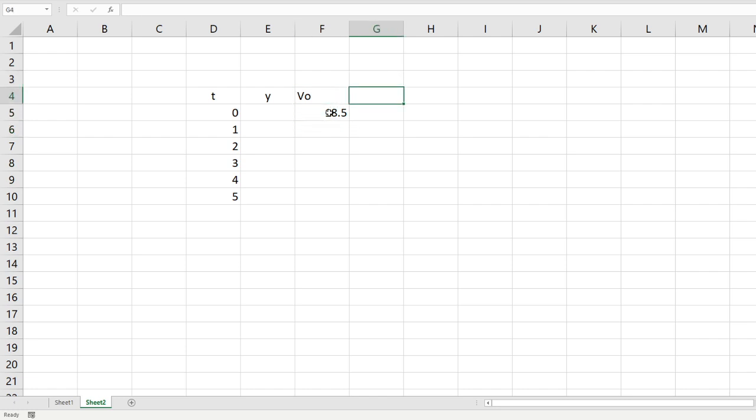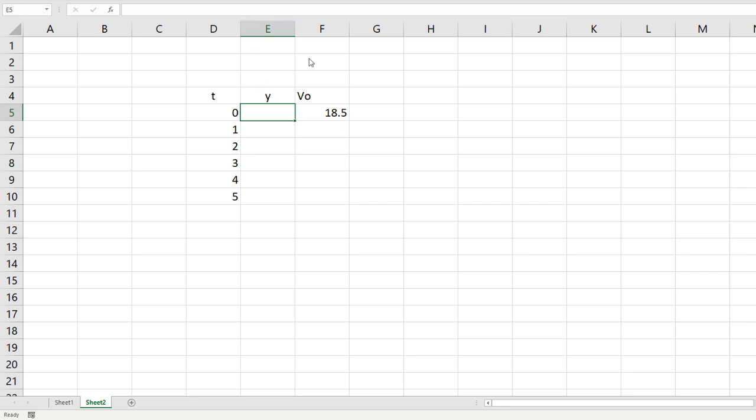So to get the height, what are we going to use? Wait, let me fix my pen.